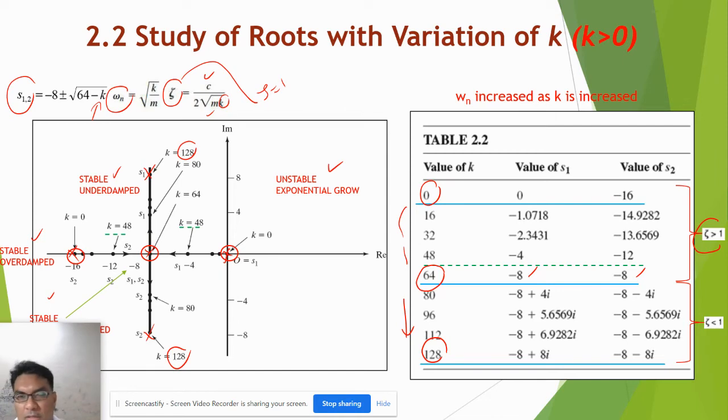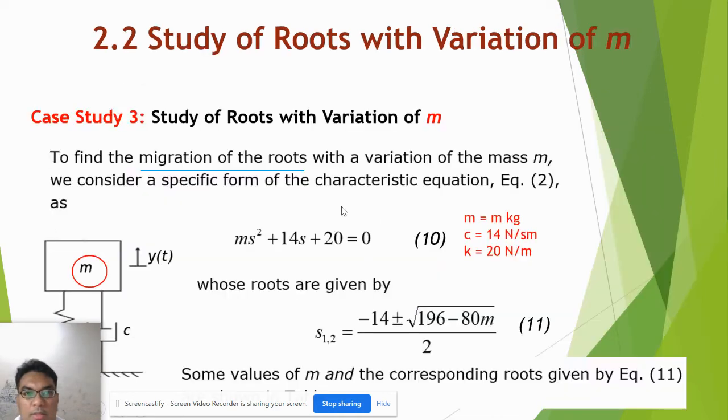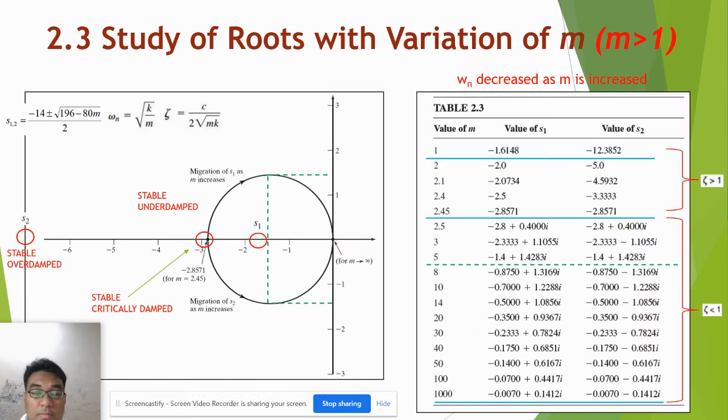The next one is on the variation of the mass. In this equation you have the C value equal to 14, K equal to 20, and mass is to be determined. You can also show the usual equation of roots, omega n and the damping ratio.